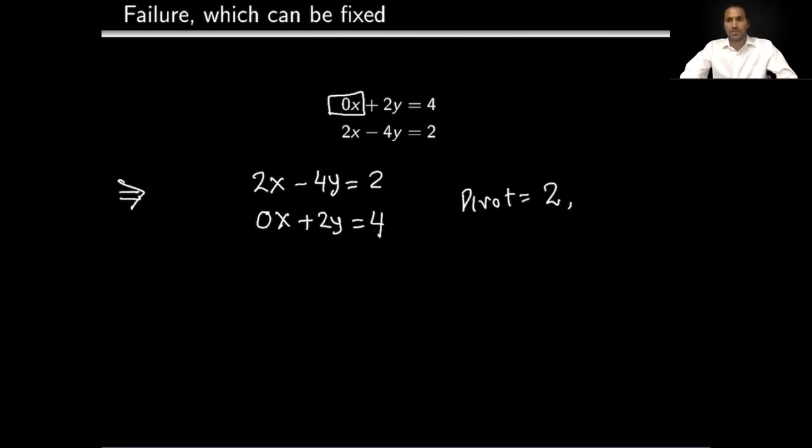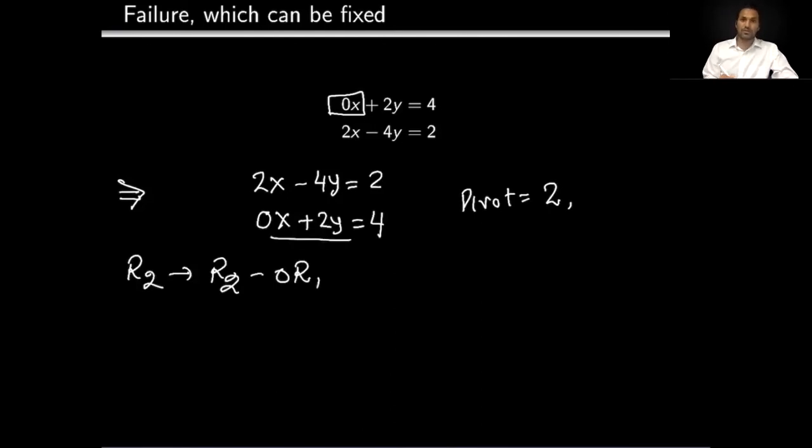And now you can find the multiplier. In this case, the multiplier L21 will be 0. So you don't need to perform any operation on row 2, or you can say the operation on R2 will be R2 minus 0 times R1, which is the same, because this system is already turned into a triangular system.